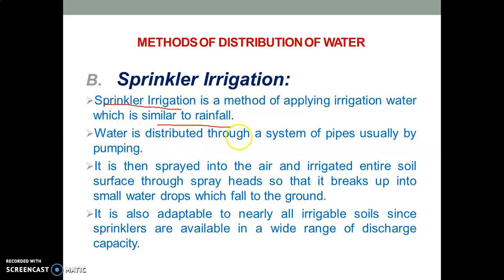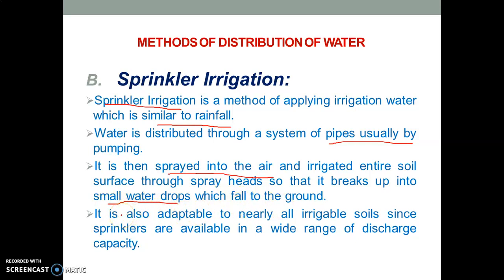Now water is distributed through a system of pipes, usually by pumping. Okay, water is brought up to the crops with the help of pipes. Okay, and then the water from the pipe is sprayed into the air and it irrigates the entire soil surface through spray heads so that it breaks up into small water drops similar to a rainfall and it falls to the ground.